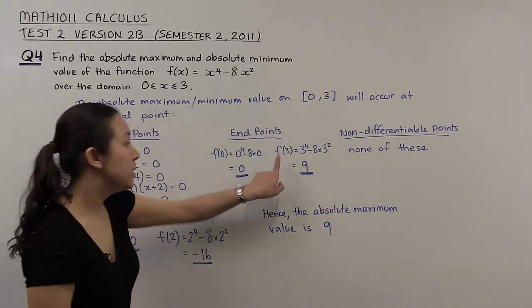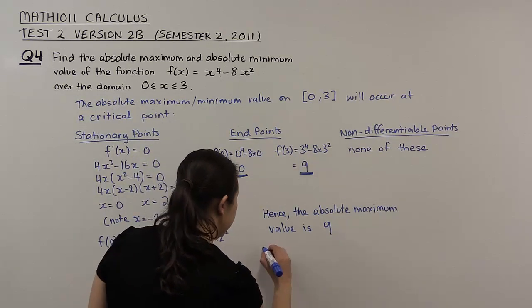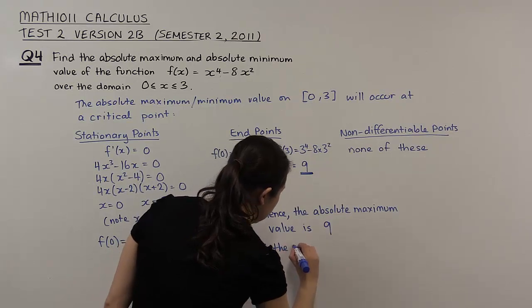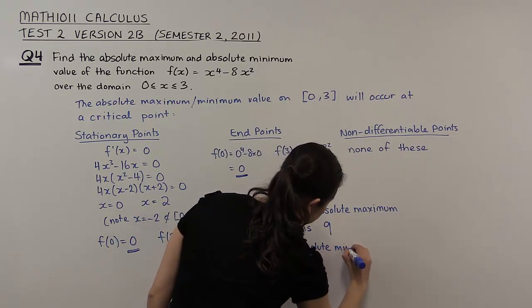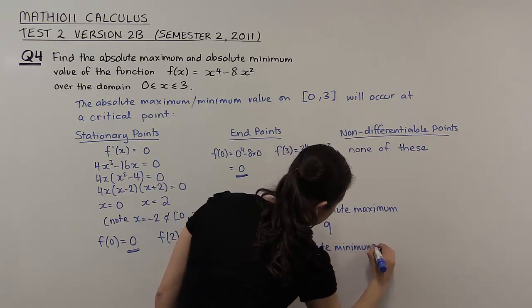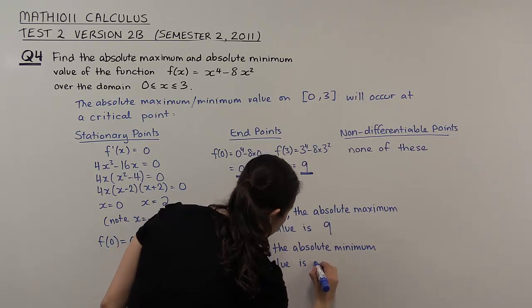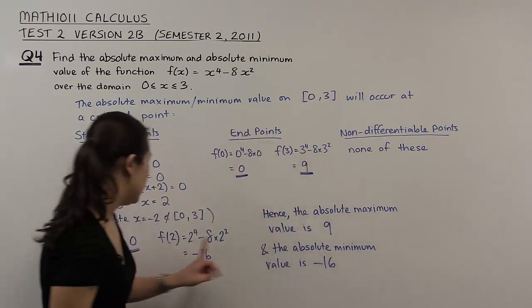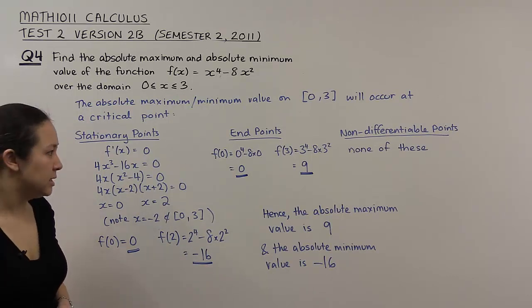That occurs when x equals 3, but the actual value is 9. And the absolute minimum value is minus 16. That occurs at 2, but the actual minimum value is minus 16.